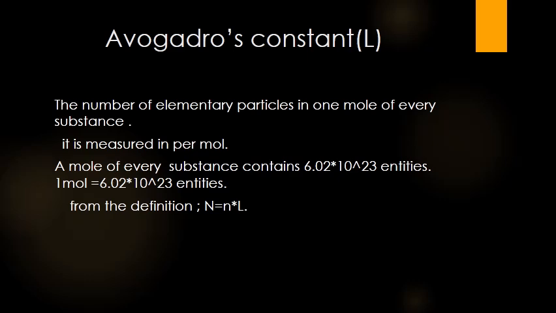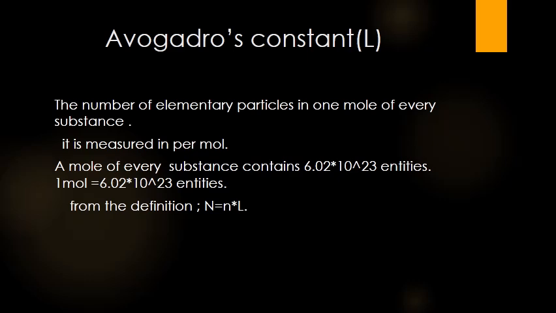Note, a mole of every substance contains 6.02 times 10 exponent 23 entities. In English, 'every' means 1. That means 1 mole of every substance equals 6.02 times 10 exponent 23 entities.